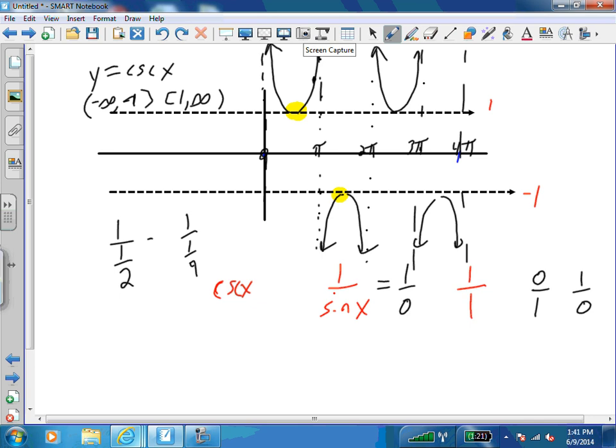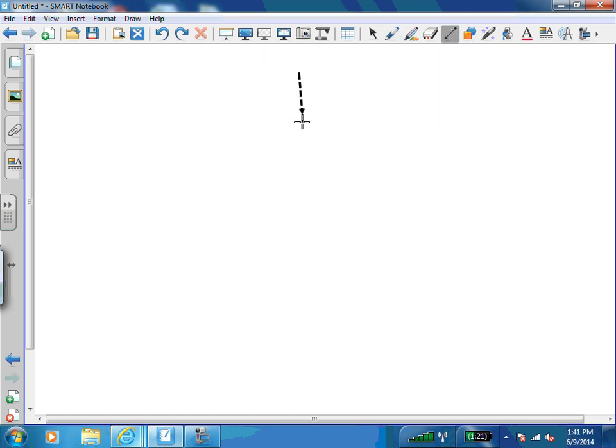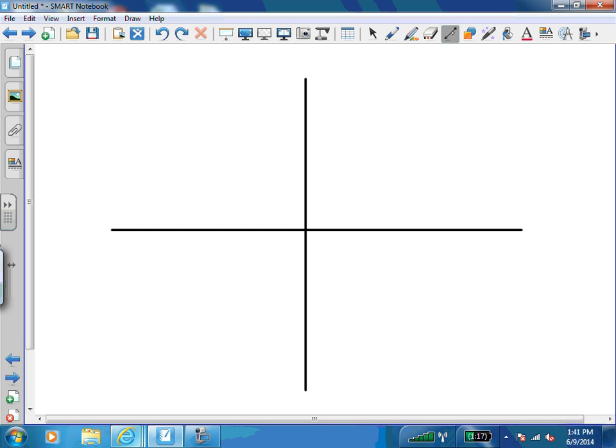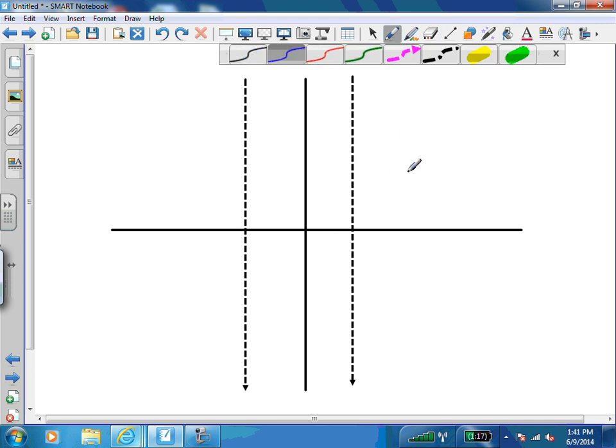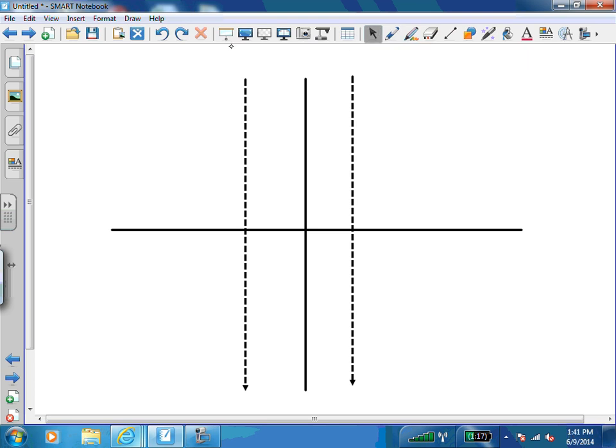So arc cosecant, we would take that and we would flip it along the y-axis. Just a second. So if we were to do that, oh, those would flip too.